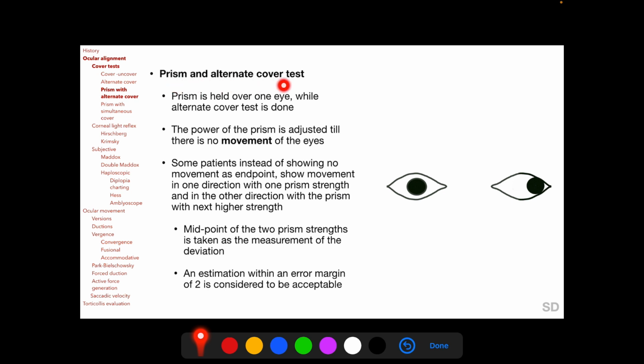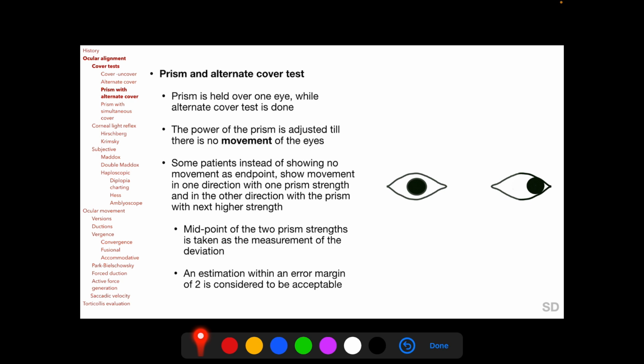Prisms are used to measure ocular deviations. In prism and alternate cover testing, the prism is held over one eye while alternate cover test is done, and the power of the prism is adjusted till there is no movement of the eyes. And at this point, the power of the prism denotes the magnitude of ocular deviation.